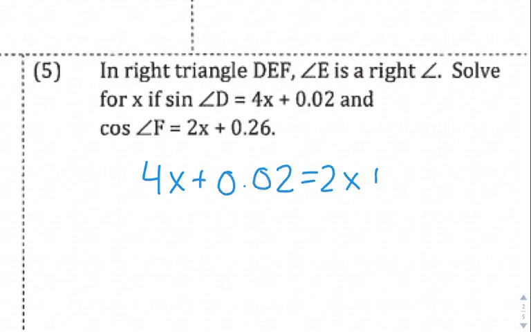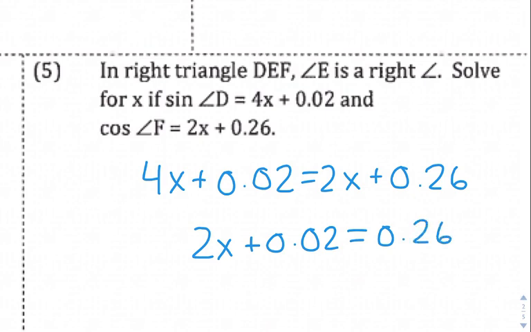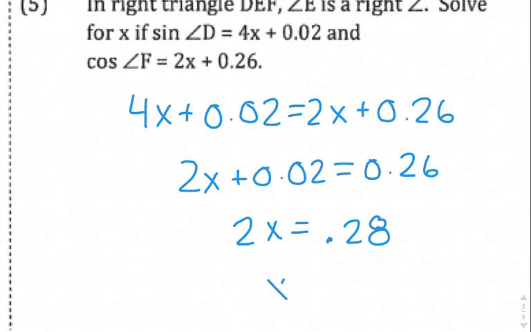This is my equation. I'm going to move the 2x over here. Now I have to get x alone. So I get 2x equals 0.28. I divide by 2, and I get 0.14.